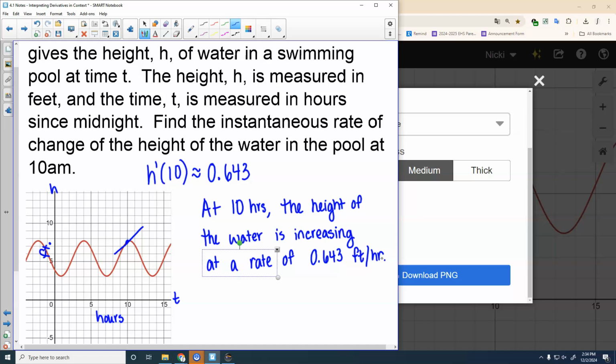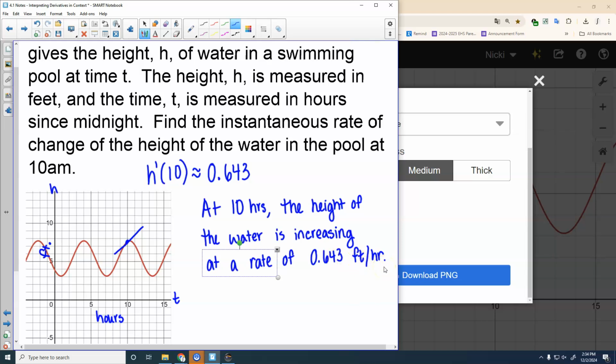Okay, questions? Something important here. On the last problem, we did not say increasing or decreasing. We said changing because we didn't know the sign. The best practice is if your derivative is positive, say increasing. If your derivative is negative, say decreasing. You could get away with saying the height of the water is changing at a rate of 0.643 feet per hour.